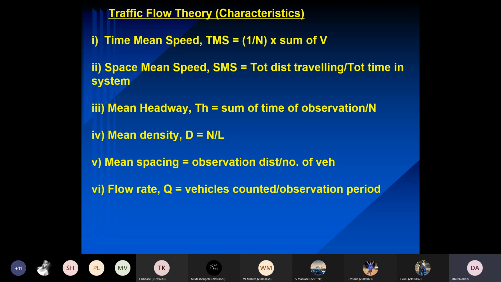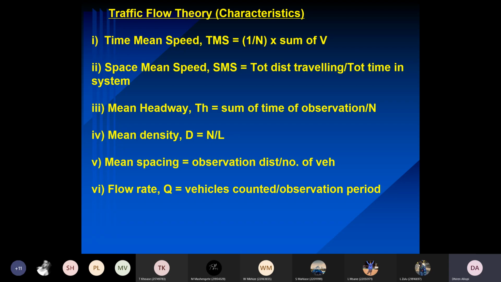Mean spacing, spacing we said was the distance. So it's the observation distance divided by the number of vehicles. If the observation distance was so many meters over the number of vehicles, that will give you your mean spacing in meters per vehicle.